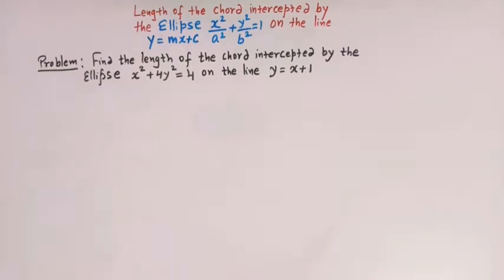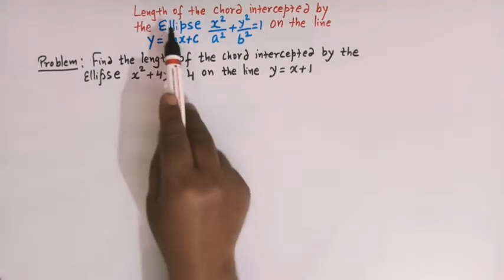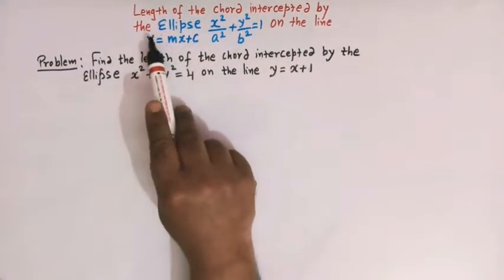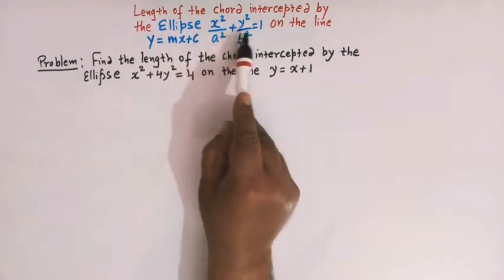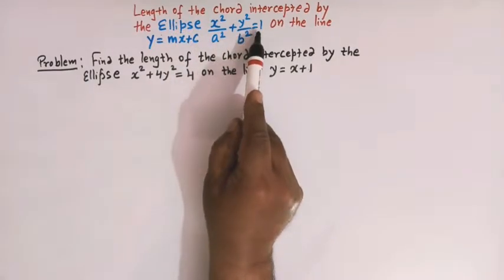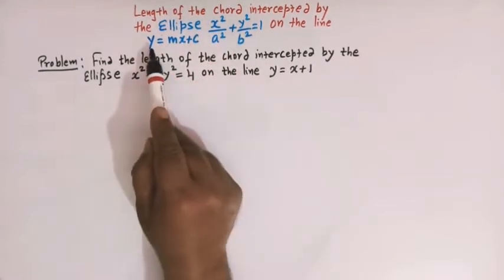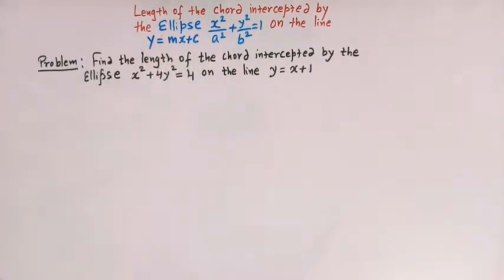Hello viewers, in today's class we are going to discuss yet another important topic from conic sections. Here we have to find the length of the chord intercepted by the ellipse whose equation is x square over a square plus y square over b square is equal to 1 on the line y is equal to mx plus c.